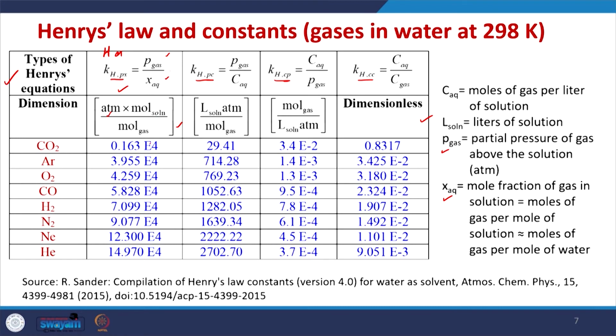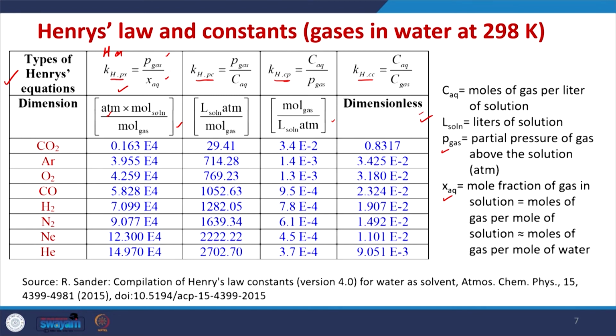Now, for the second equation it will be given like liter or meter cube, anything, into pressure unit divided by mole of gas. This is concentration in mole per liter and partial pressure may be any pressure unit. Similarly, the opposite is possible, and there is a dimensionless form also.